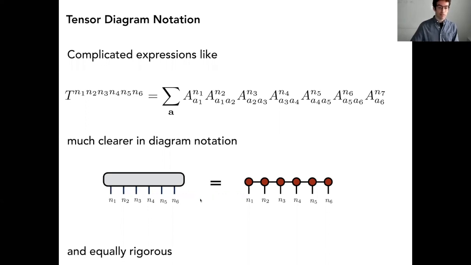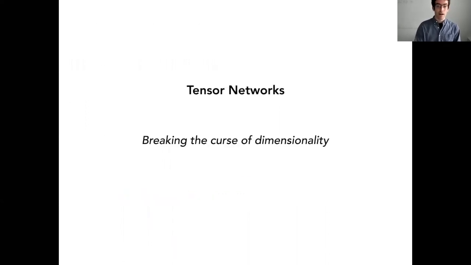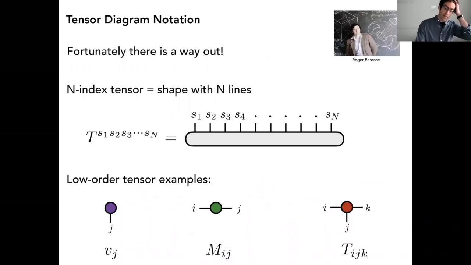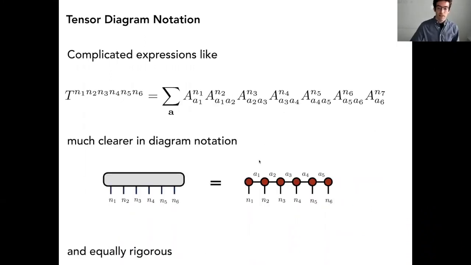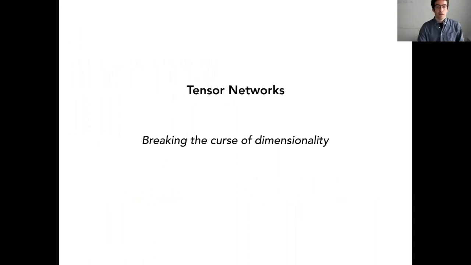But it's equally rigorous to traditional notation. Okay, and then just to kind of hint about later about iTensor, the idea of iTensor is that you ought to be able just to stare at these drawings and write code rather than having to get into the business of sort of knowing which index is in what ordering on your tensors. That's the philosophy.